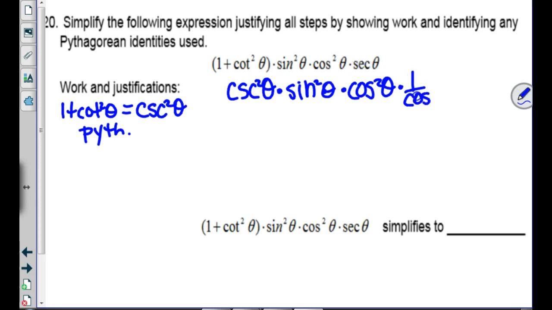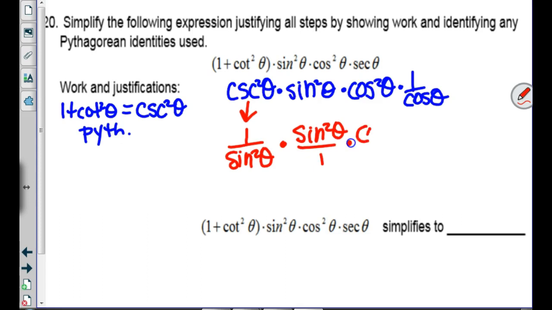Yeah, my bad. So that's 1 over cosine. Now, before I start canceling stuff, this one is actually 1 over sine squared. But again, you're supposed to be showing your justifications. Plain old sine squared would be over 1. Plain old cosine squared, you could write over 1. And this one was 1 over cosine.